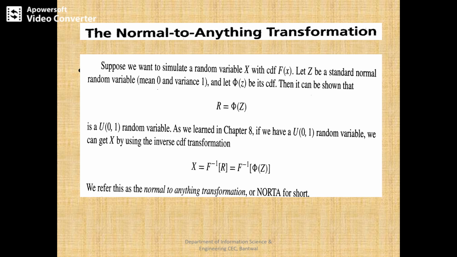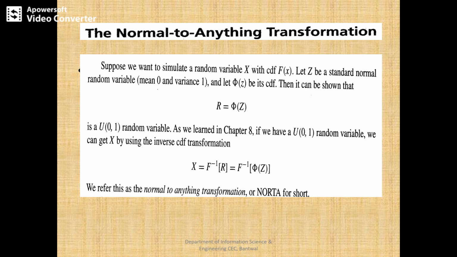Then it can be shown that phi of Z is a U(0,1) random variable, as we learned in the previous topic. So if you have a U(0,1) random variable, we can get X by using the inverse CDF transformation.